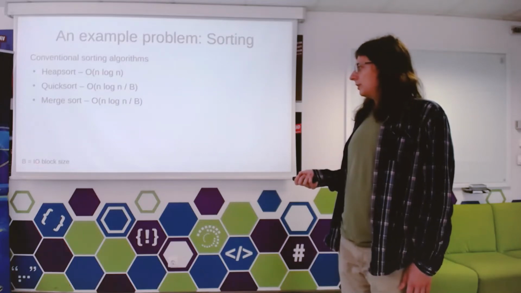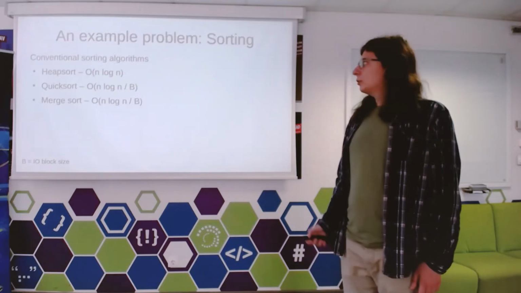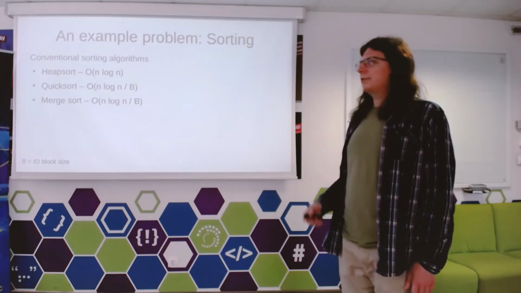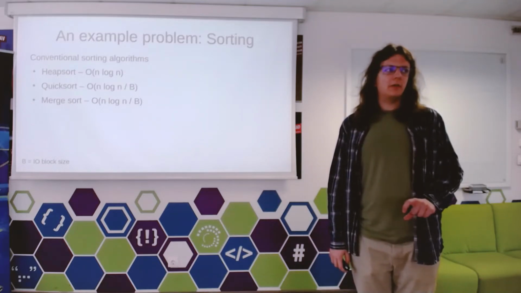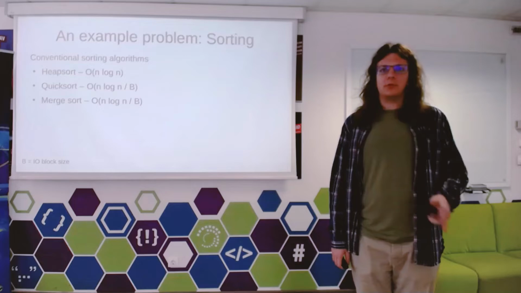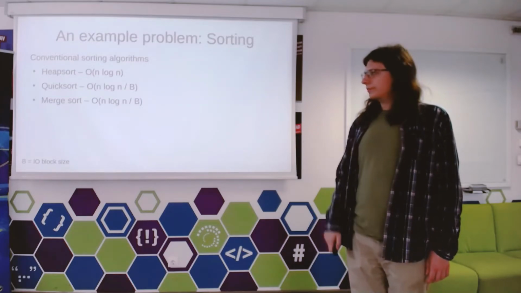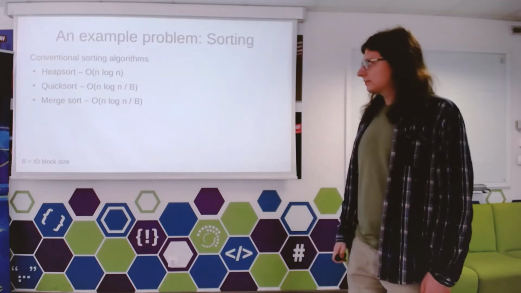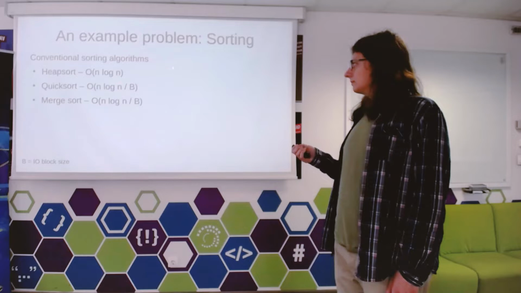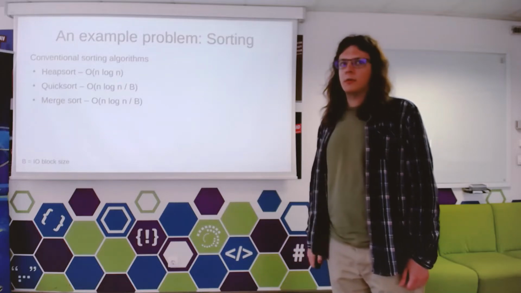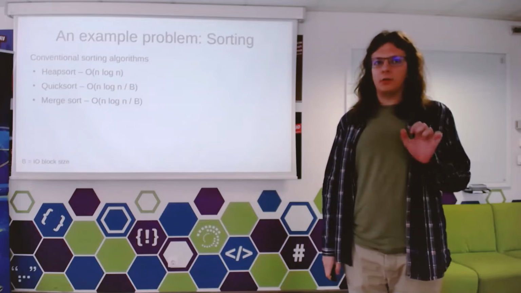If we have an I/O block size of B elements, with heap sort we have lots of random accesses. Effectively, each comparison is a random access to the heap, and you're jumping everywhere. So you get O(n log n) accesses. With quick sort, things are quite a bit better because partitioning is done sequentially, so you can read a block of numbers.